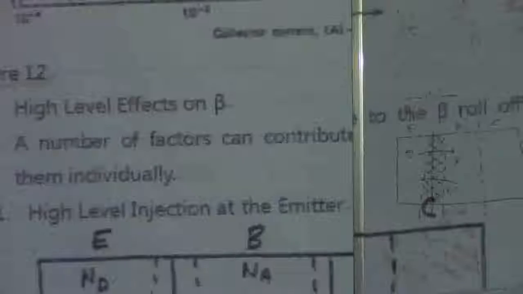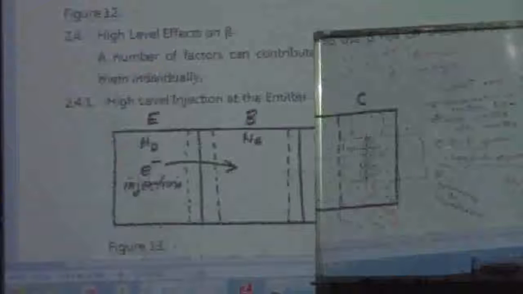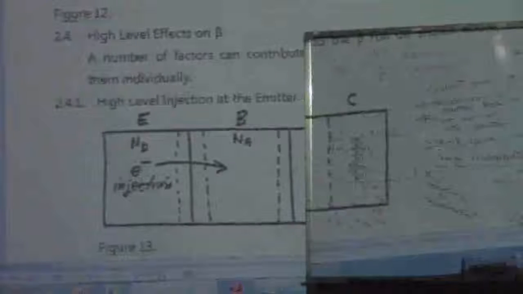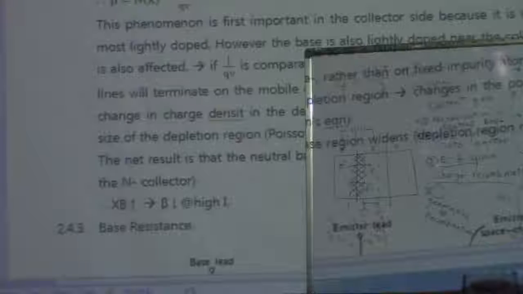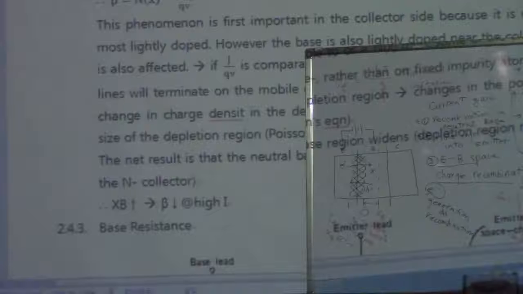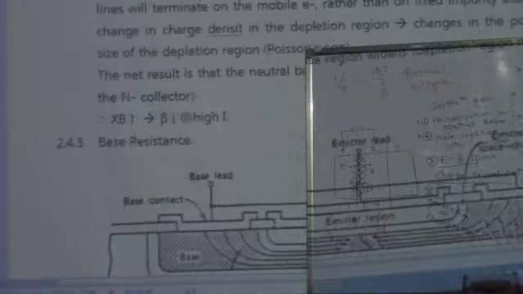Okay, on Wednesday, let's begin to discuss the high-level effects on the beta, and that is going to include the Early effect and Kirk effect, things like this. All right, and then we're going to wrap up the bipolar transistor operation chapter.